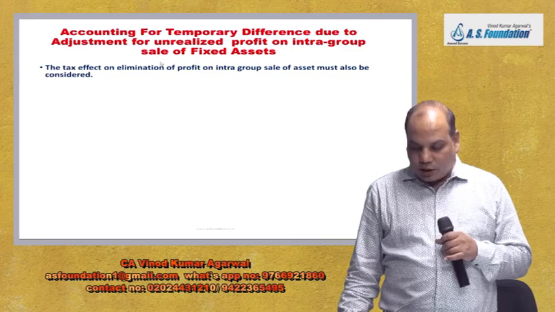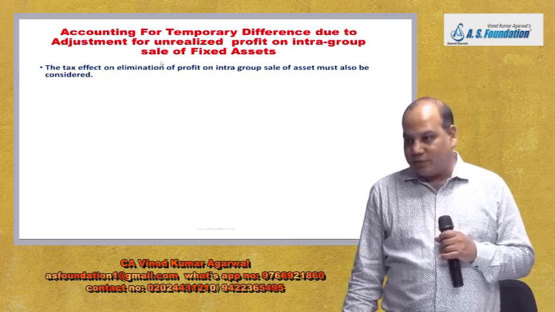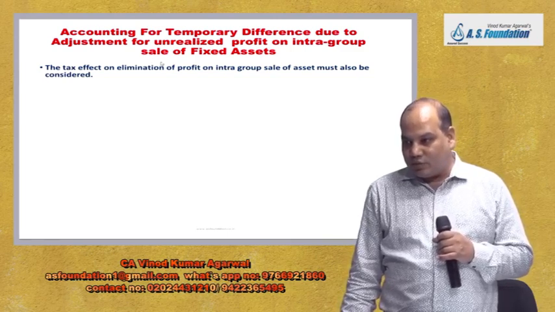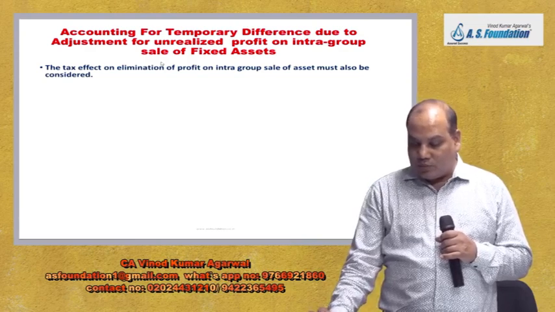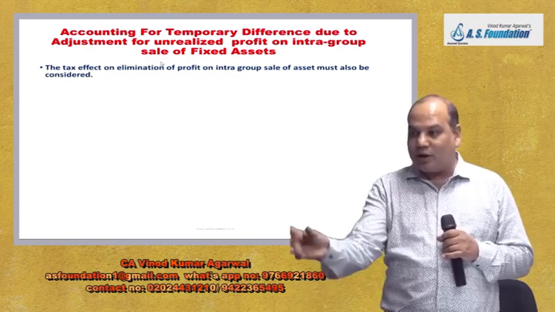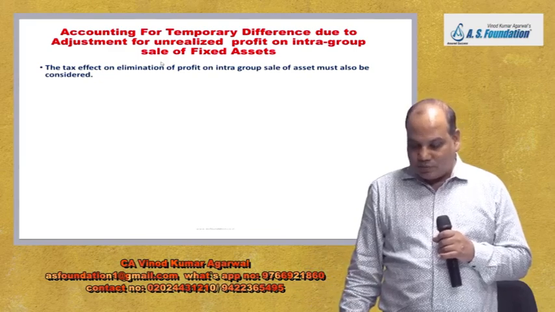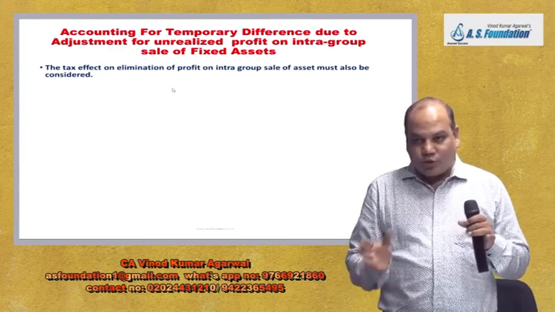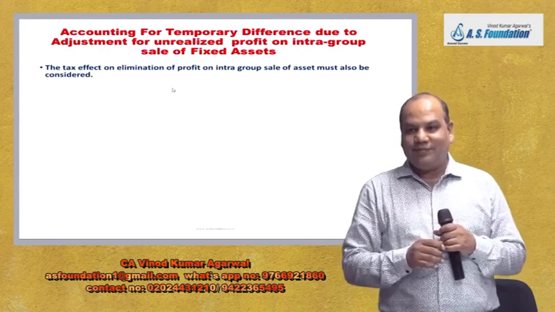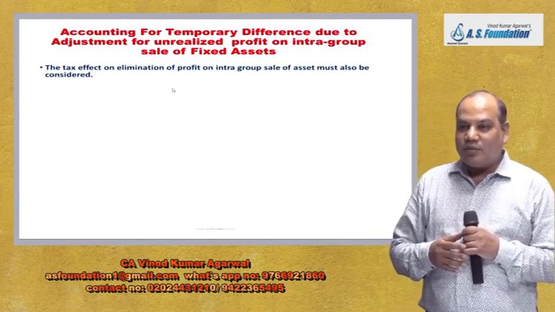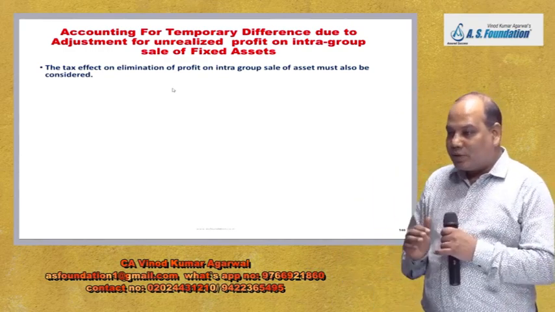If you are going to eliminate the unrealized profit, yes or no? And if you are going to eliminate the additional depreciation that you have charged, it will give rise to a difference between carrying amount and the tax base.